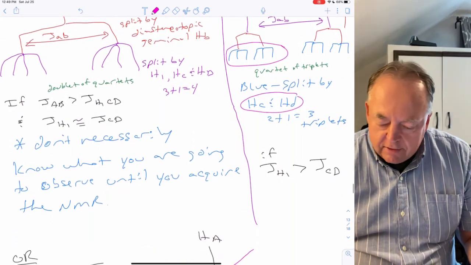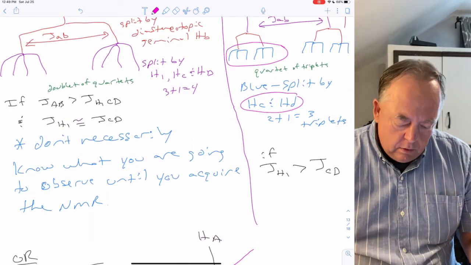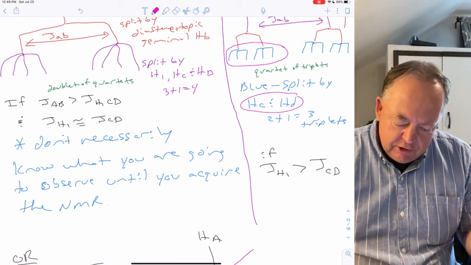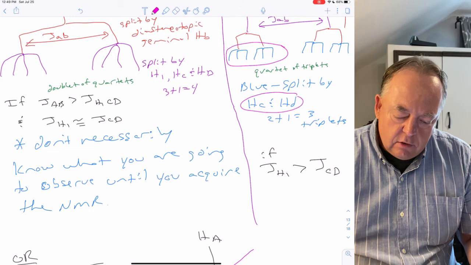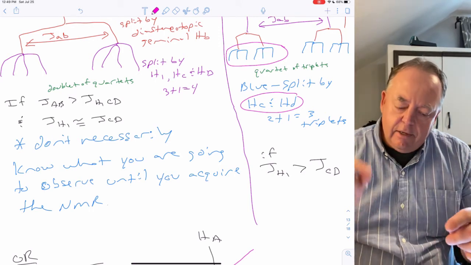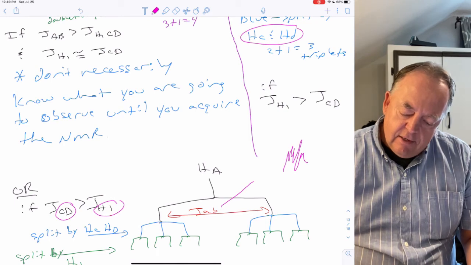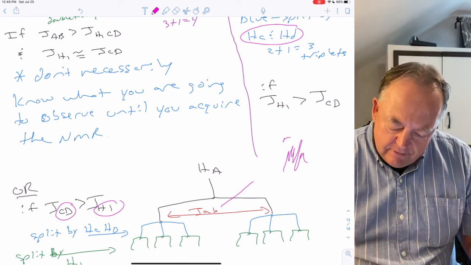And most likely, what you would end up with is just a mess. You would end up with a multiplet. Unless you had really good shimming and really good resolution, you probably could not see all of these peaks. You would just see a mess that you would call a multiplet.